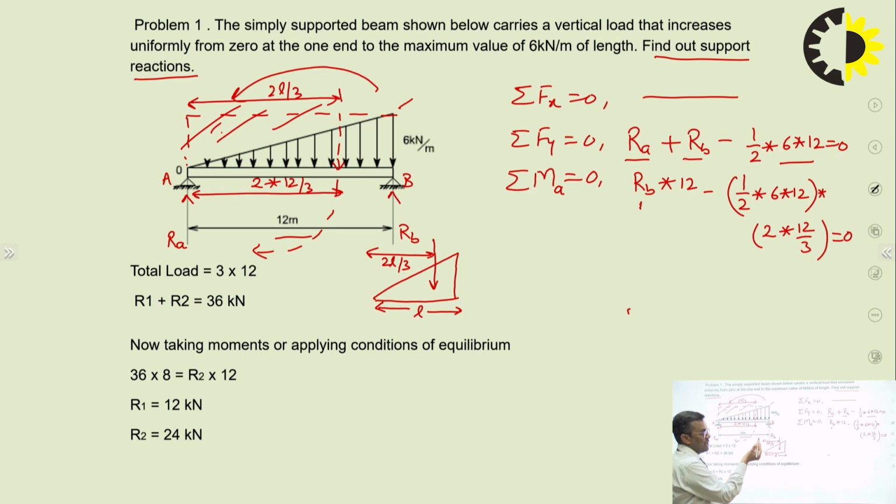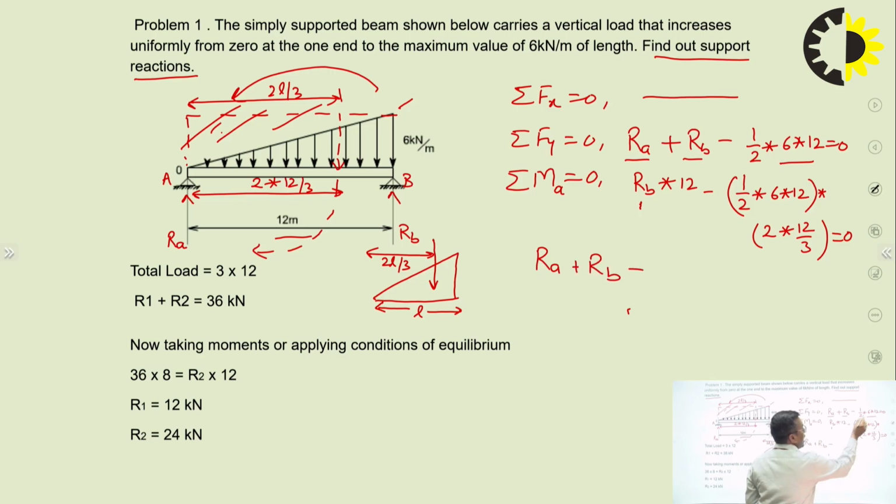So there are two equations. Now I am writing these equations. RA plus RB minus 36 equals to 0. This is equation number 1.